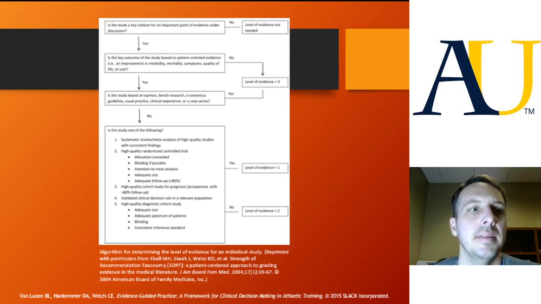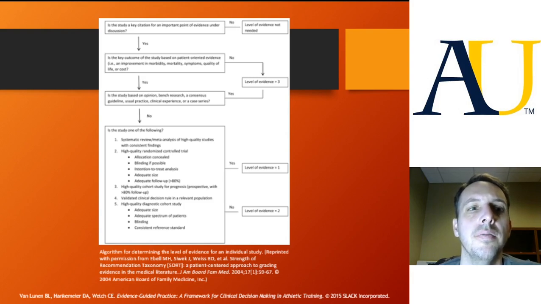So one nice thing here, as you go through these, is you can start to take these algorithms that the Strength of Recommendation Taxonomy, or SORT group, has created, and they can help you in assigning levels of evidence.